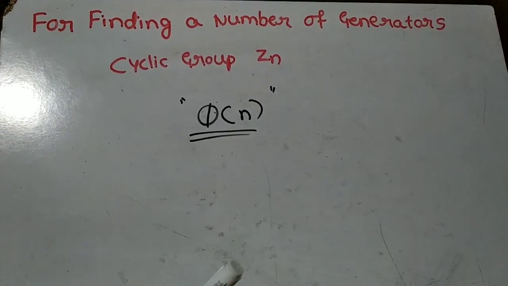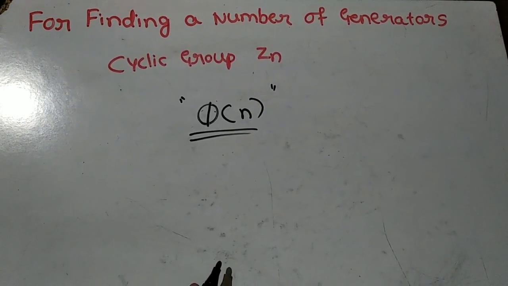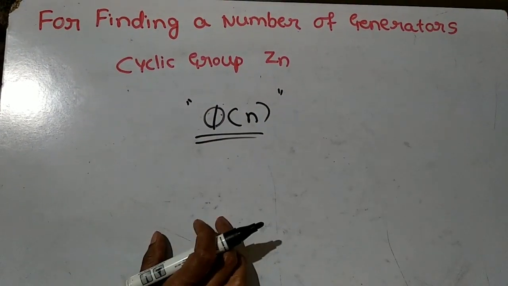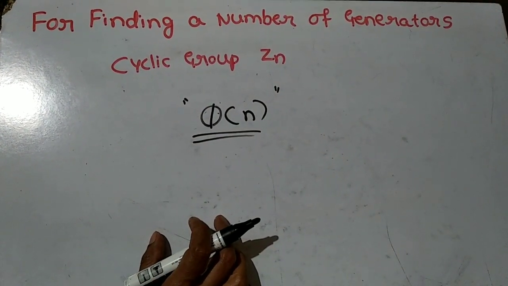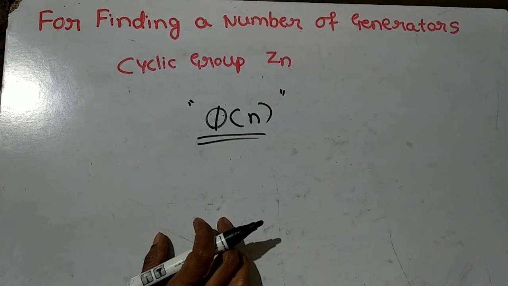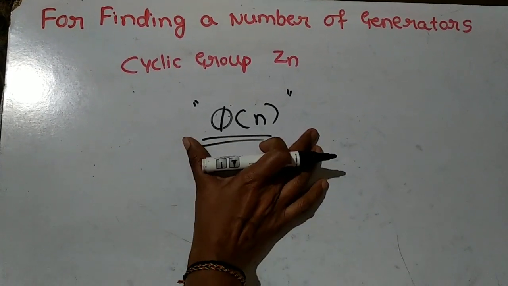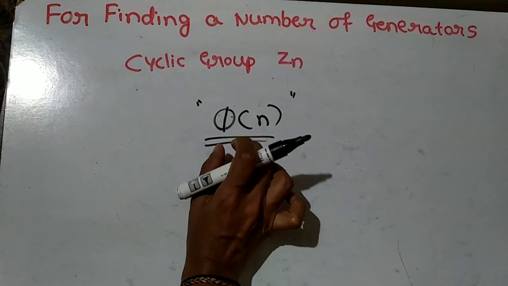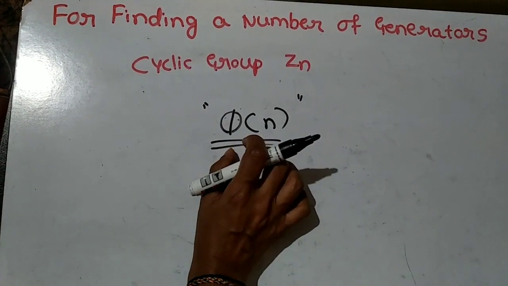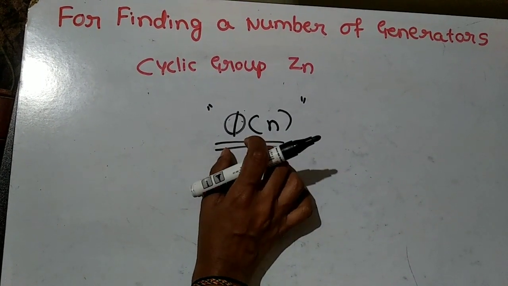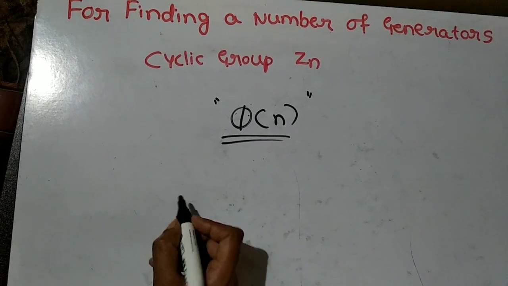Choose a what? For finding the number of generators of a cyclic group Zn. Okay, if they ask for finding the number of generators in a cyclic group Zn, then also we have to use this Euler function formula. Okay, so you have to keep this Euler function formula. What is this Euler function formula, which is nothing but what?